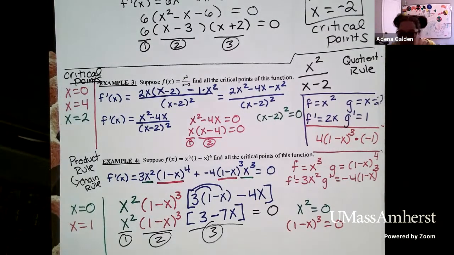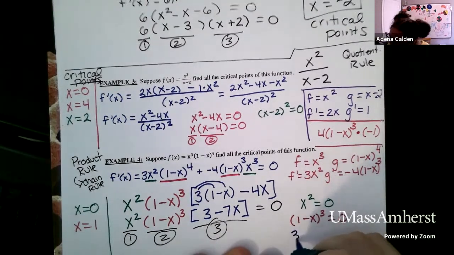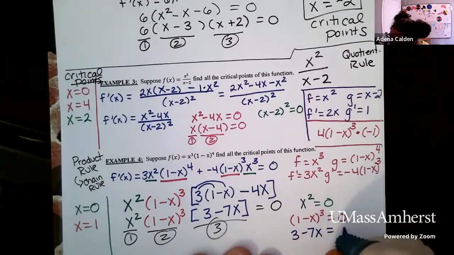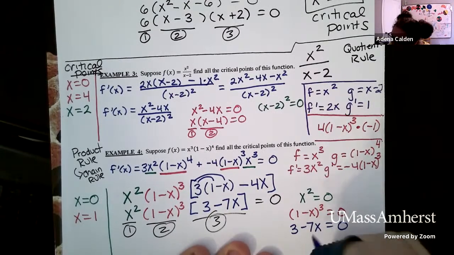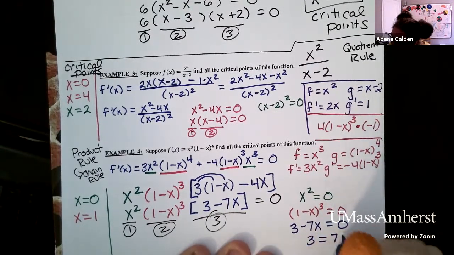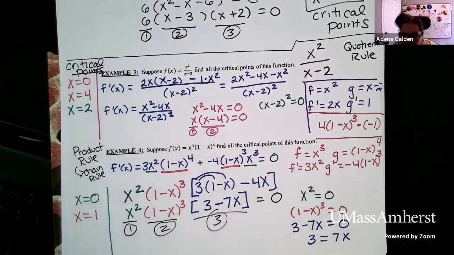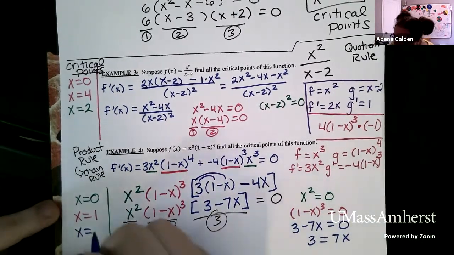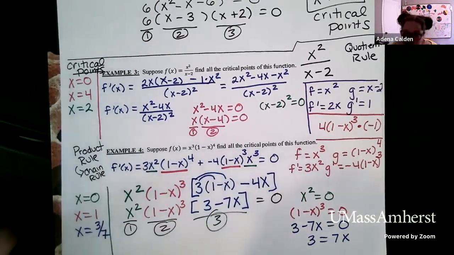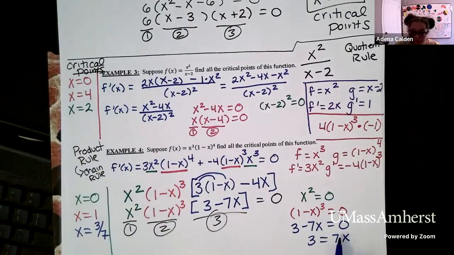And then my third factor, I'm taking 3 minus 7x equals 0. So I do have to do a little rearranging here. I can bring the 7x over, divide both sides by 7, and I get my third critical point, which is x equals 3/7.